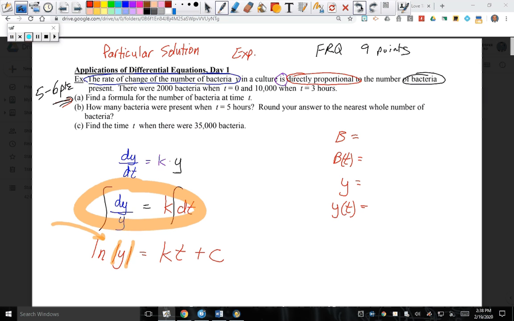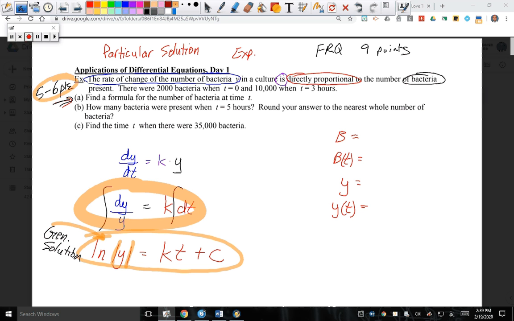We'll just say that the c is on the right side with the t, the input variable. All right, so this right here, the second step that I just did, is now the second point of these 5 to 6 points that we're trying to accumulate. This right here, when you do it in your groups here in just a bit with your presentations, is going to be called the general solution.